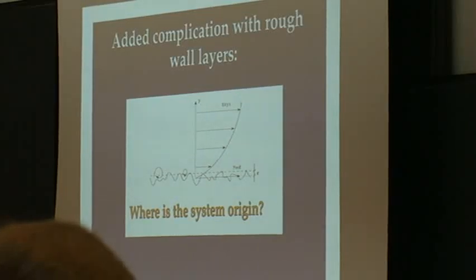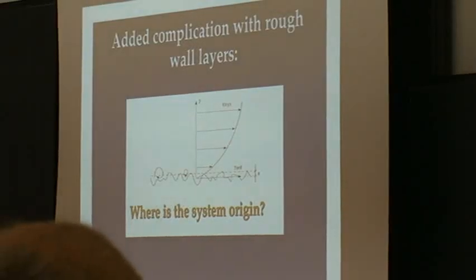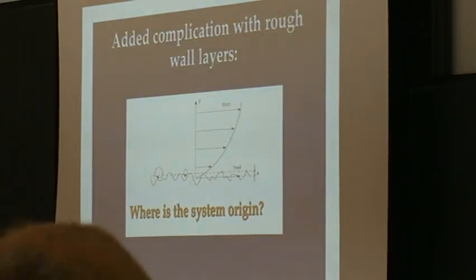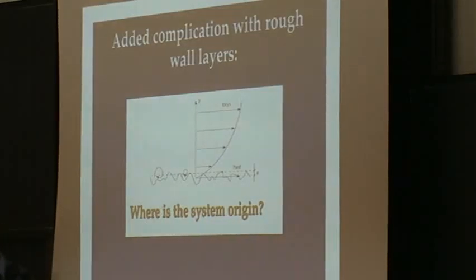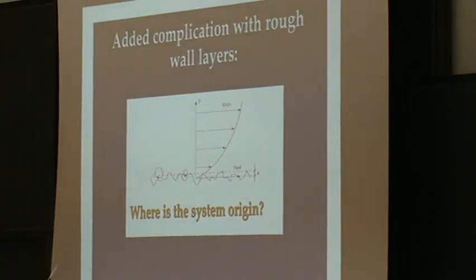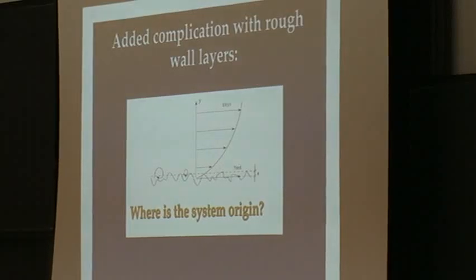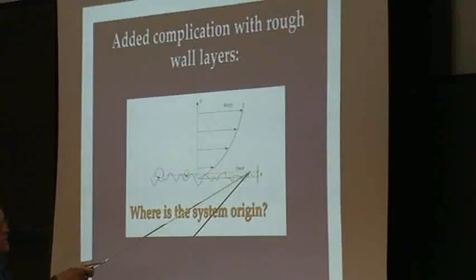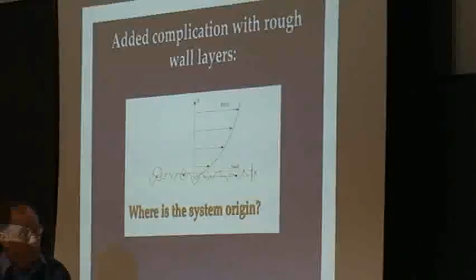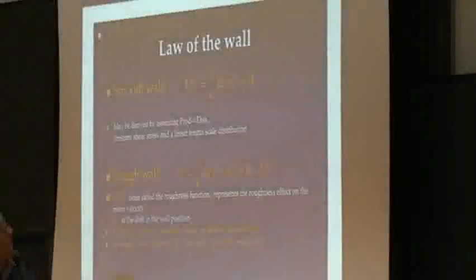But if I do a set of measurements on a rough surface, I may choose to set my origin at the top of the highest roughness elements, whereas someone else might say that no, it's the bottom, which is the correct location, and maybe the true origin should be somewhere in between. And in either case, you will have to find this origin, the origin that is the correct one for your description of the profile. So you will need to find this shift from your observation coordinate system to the physical coordinate system.